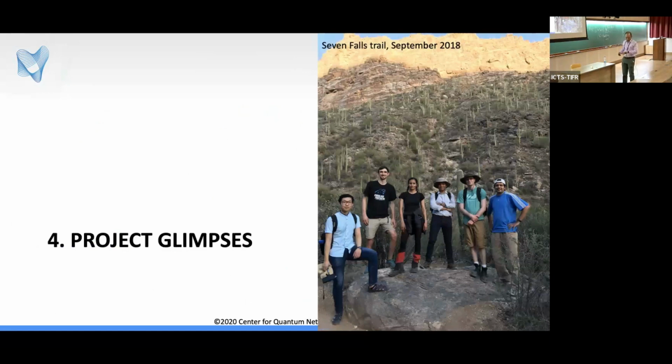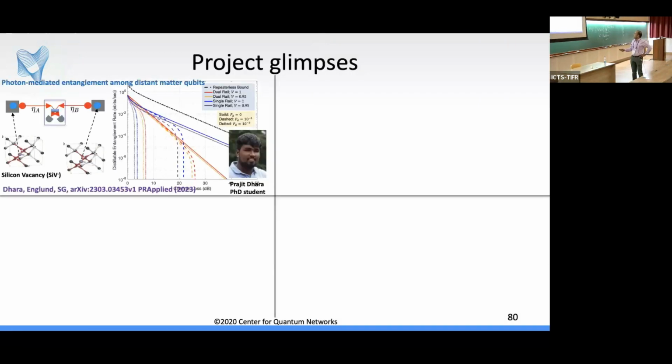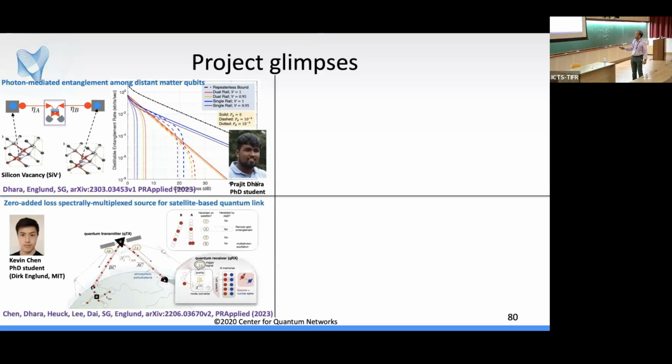All right, so the last, I'll take a couple of minutes to tell you broadly about a few other things in my research group. If you're interested, definitely feel free to contact me. You already heard about the spin-spin entanglement generation, looking at how you generate entanglement between quantum memories mediated by photons, generating photon-photon entangled sources and loading them onto quantum memories, let's say for satellite-based entanglement distribution.